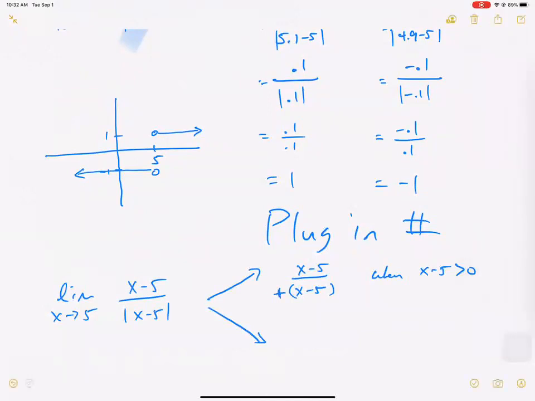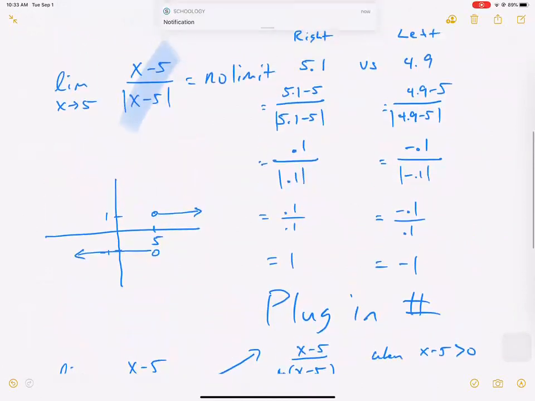If x minus 5 was greater than 0, do we even need an absolute value? Like our example up here, if our value is 5.1, isn't 5.1 minus 5 greater than 0? Isn't that going to be positive? Hey, if it's positive, we don't even need an absolute value. That's perfectly fine. We never needed one.